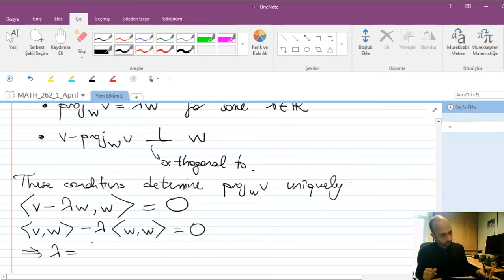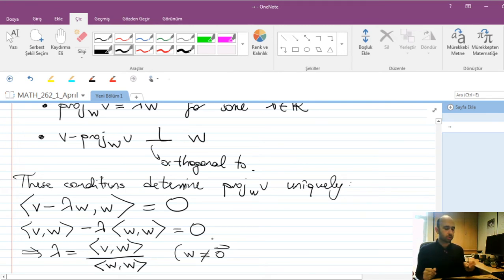Lambda must be <V,W> over <W,W>. Well, I forgot to say, but I have to say W should not be the 0 vector. Assume this in the beginning.